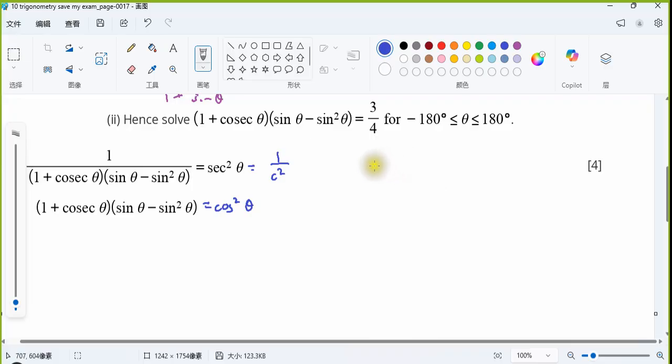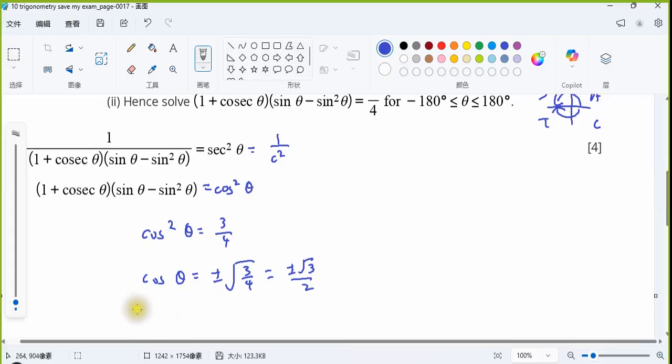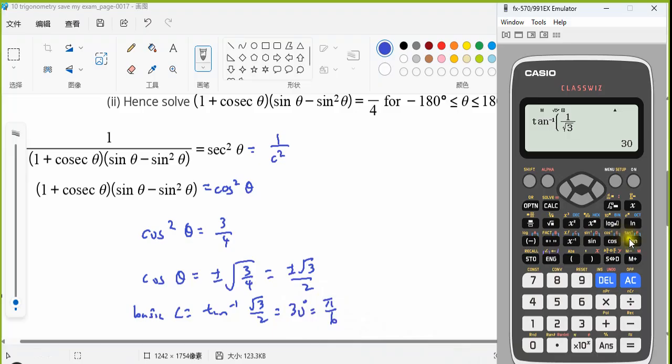So over here, we will have cos square theta equal to 3 over 4. So cos theta will be plus minus square root 3 over 4, plus minus square root 3 over 2. Okay, so we have this and this, ASTC, but we take all. The basic angle will be the arccos of square root 3 over 2, which is 30 degrees, pi over 6.